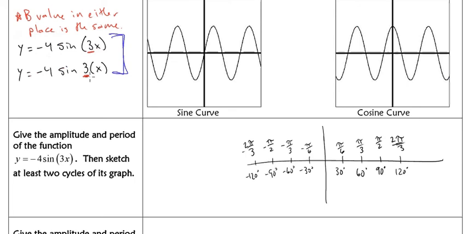Give the amplitude and period of the function. So our amplitude is equal to the absolute value of -4, our value right here, so our amplitude is 4.